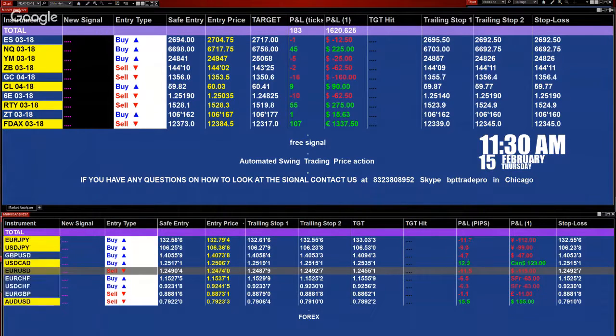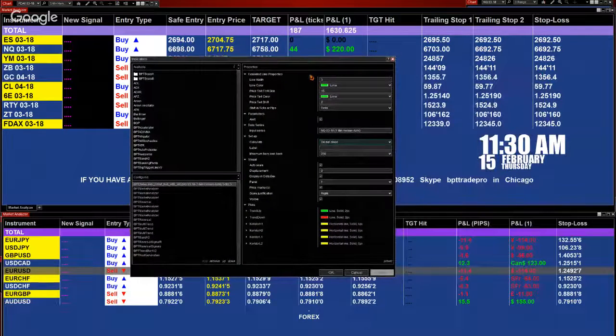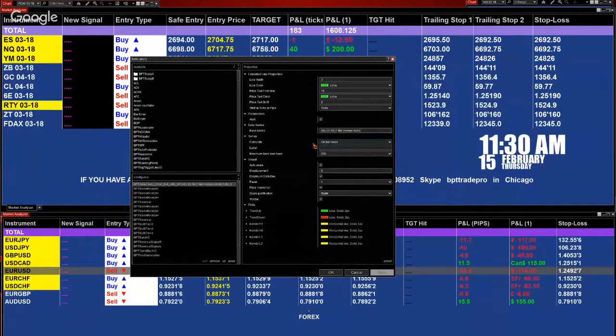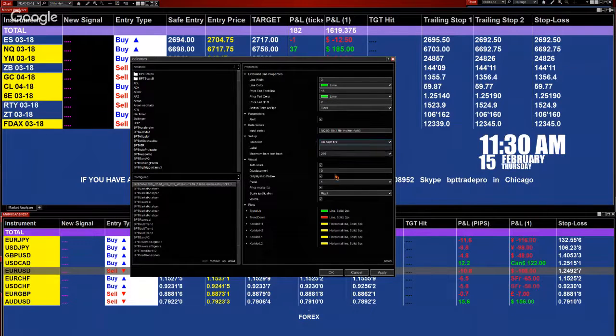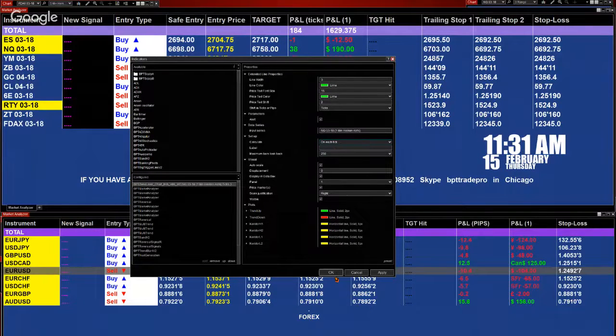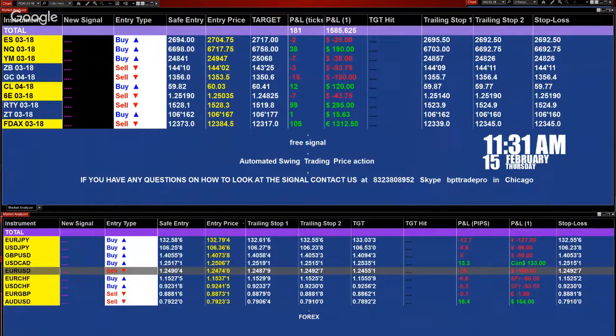Yes, that's exactly what I have. I have it wrong on the chart. I had it calculating on the bar close. Now I'm going to set it on each tick. And now it will be exactly like the market analyzer.